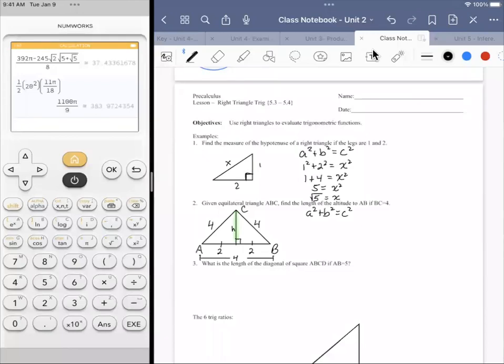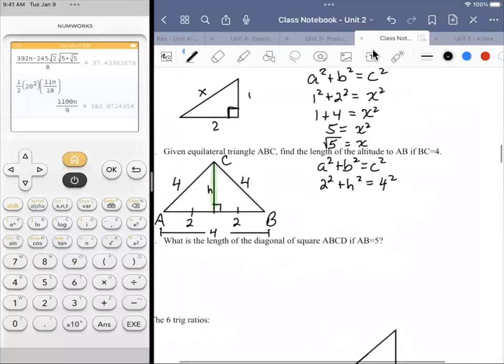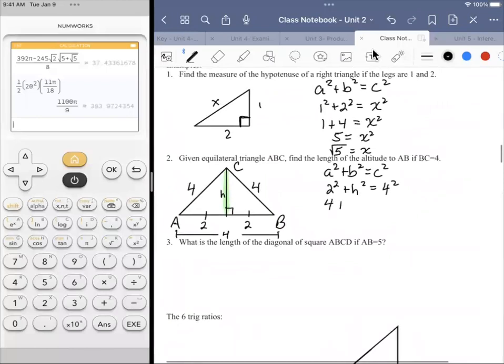So I'll say 2 squared plus h squared is equal to 4 squared. So 4 plus h squared is equal to 16. Subtract 4 from both sides, h squared is equal to 12. H must be equal to radical 12.